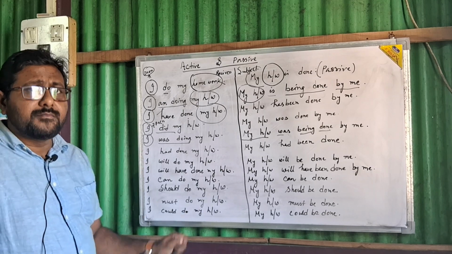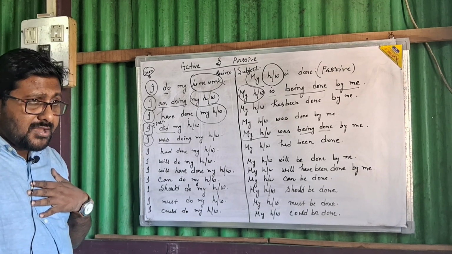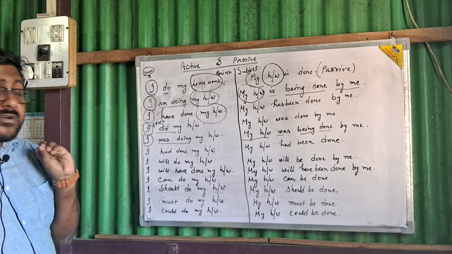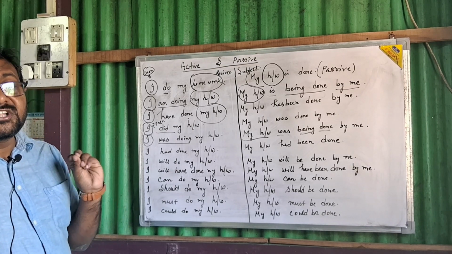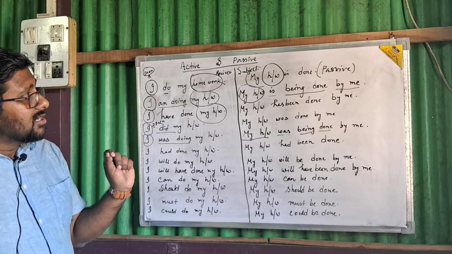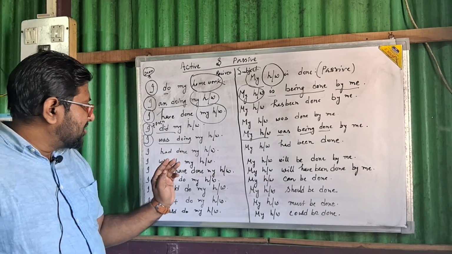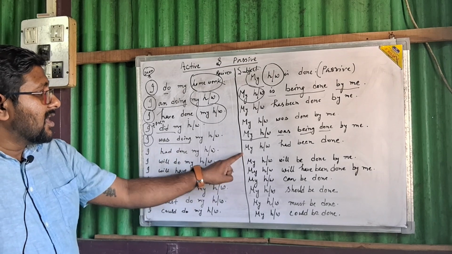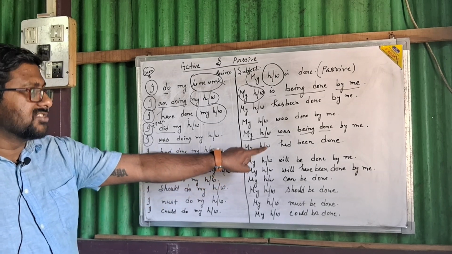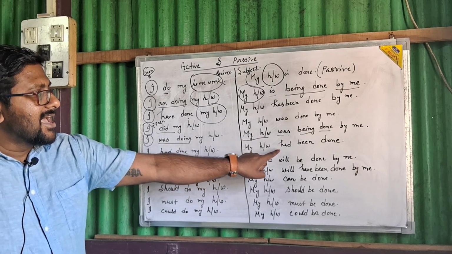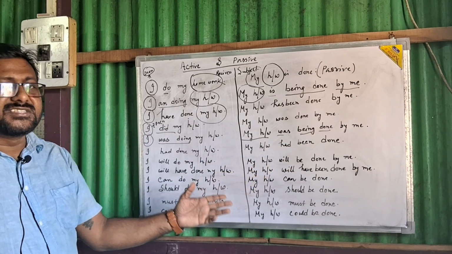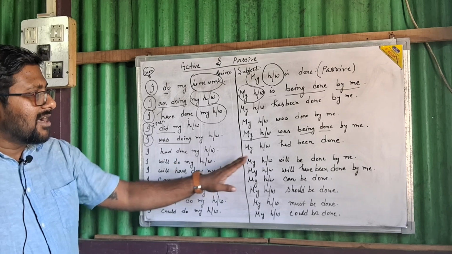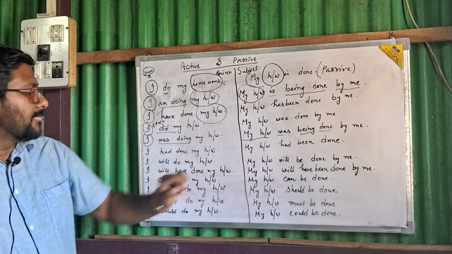I had done my homework. It's past perfect. And I will have to keep it in past perfect itself. Without changing the tense, I'll have to change it from active to passive. So if I change from active to passive in past perfect, I'll simply put: my homework, once again making it the subject, had been done. I can say "by me", or you may not say "by me". That's up to you. But: my homework had been done.